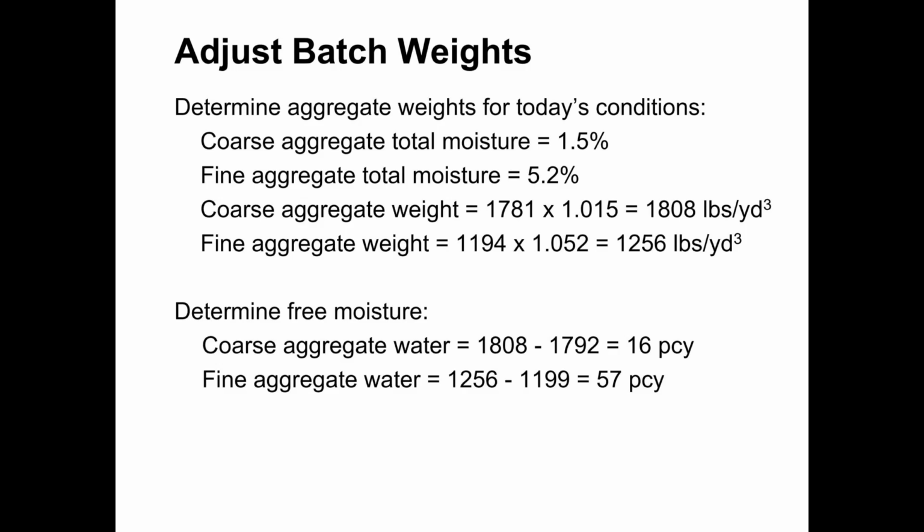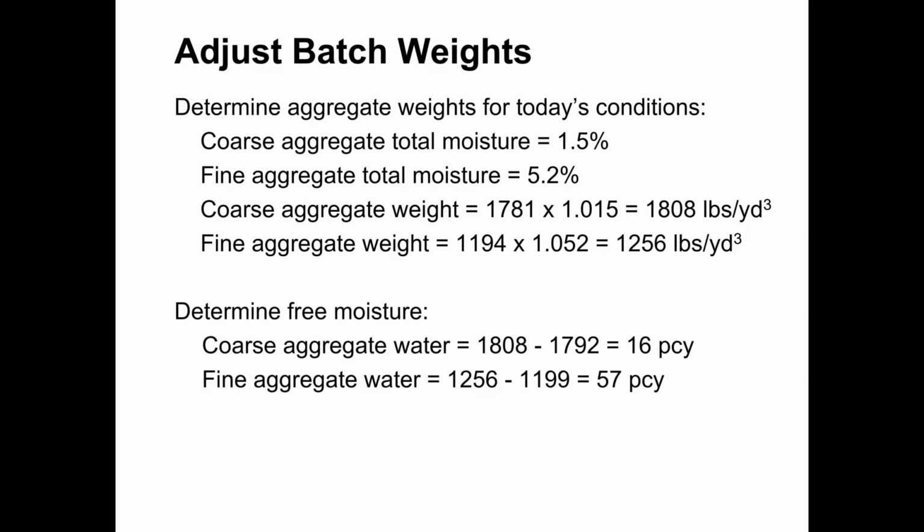So there's a couple of different ways we can do this. The way they've chosen to do it is to start back with our dry weight and use the total moisture. So our dry weight of coarse aggregate was 1,781. And so we just multiply by 1 plus the total moisture, 1.015, which gives us 1,808 pounds of coarse aggregate per cubic yard.